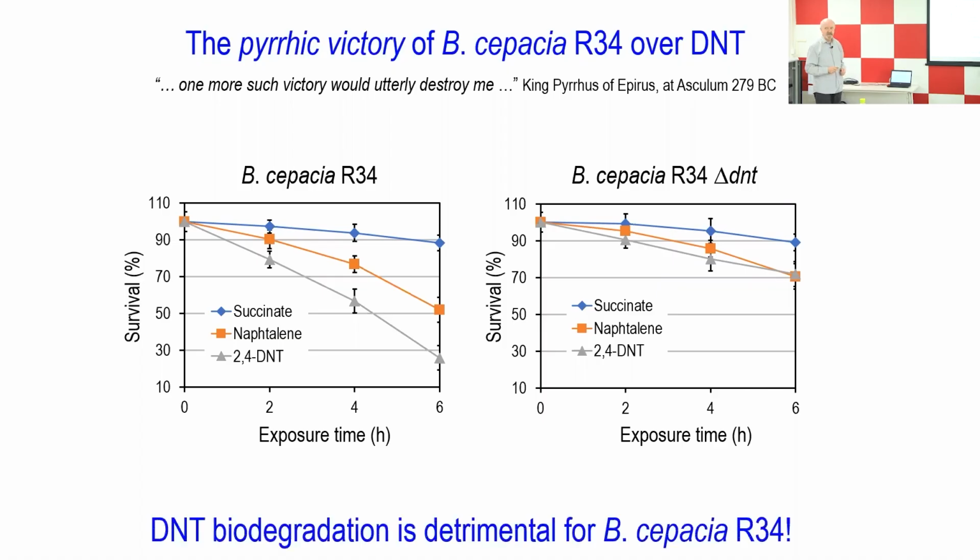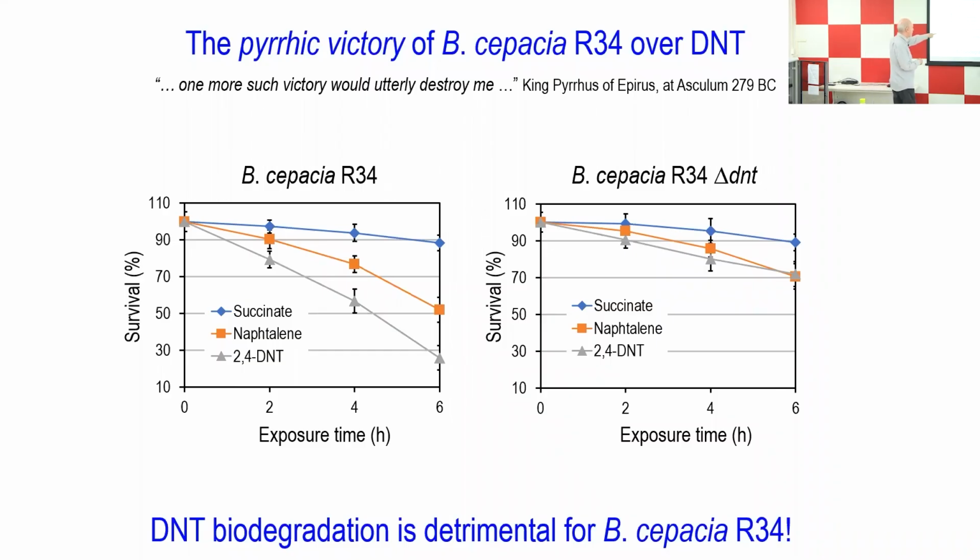And yes? In the delta DNT, which means that the genes for metabolizing DNT are not there, when you are giving 2,4-DNT, the cell cannot metabolize DNT. In the second graph, what is the carbon source, or the source of nutrition? Well, in this case, the cells grow either in succinate or in naphthalene or in 2,4-DNT, in both cases.